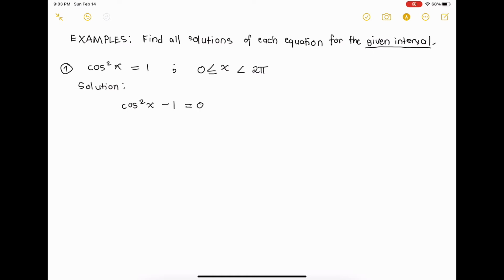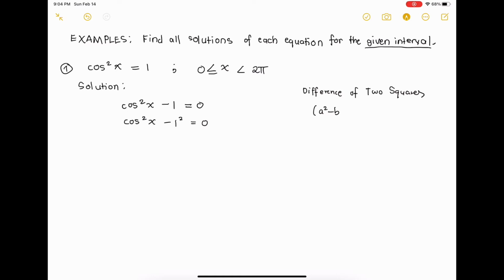We have cosine squared x minus 1 equals 0. Take note, 1 could be written as 1 squared, since 1 squared equals 1. I did this because I will use the difference of two squares identity. What is difference of two squares?